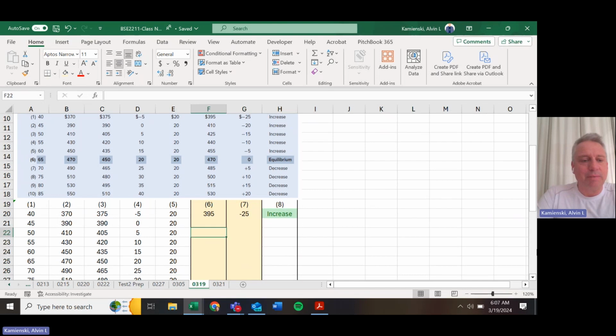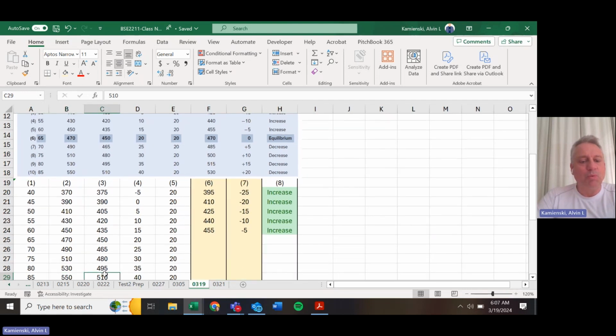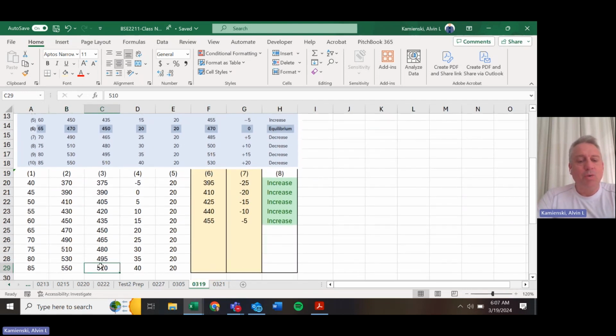Let's go ahead and just copy and paste that down for a few rows until we go down to the opposite end of the equation, where imagine we have this going on in the economy instead. You have 85 people at work making a GDP of 550, but people only want to consume 510. What does that mean?